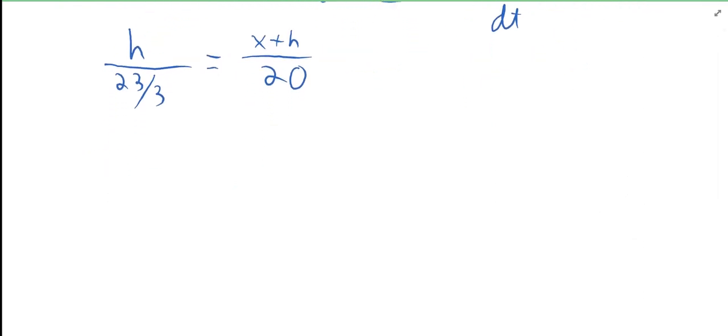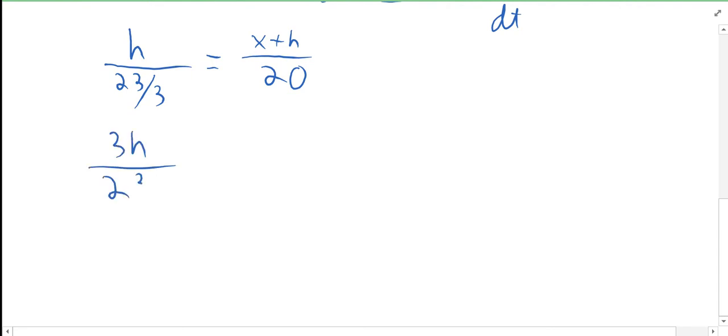Number one, h divided by 23/3 is the same thing as 3h divided by 23. It just puts the 3 in the numerator. We're just going to cross multiply x plus h over 20.